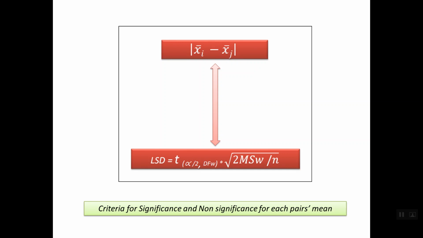Otherwise, if the absolute value of the difference of the two means is less than the value of the LSD, then there is no significant difference between the two means, and in this case we consider the mean for group I, which is x bar sub I, to be the same as the mean for group J, which is x bar sub J. So this is the criteria in order to make a decision regarding the significance or non-significance between two means.